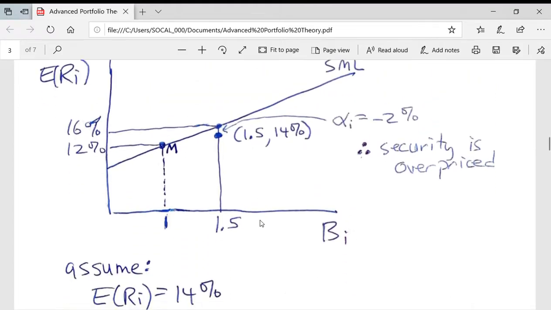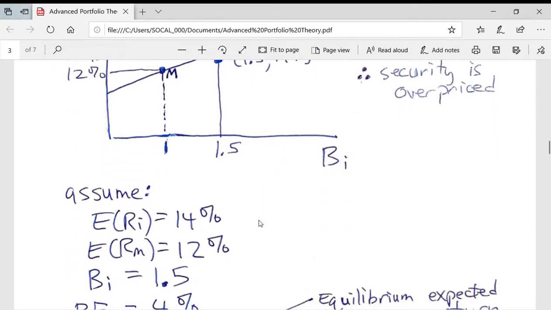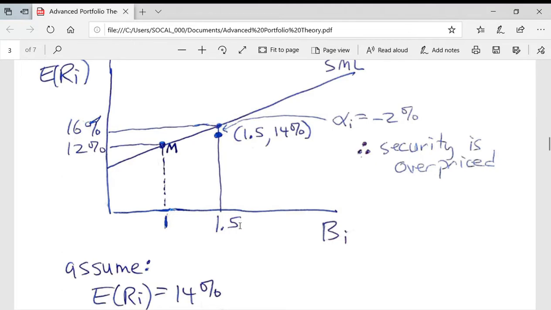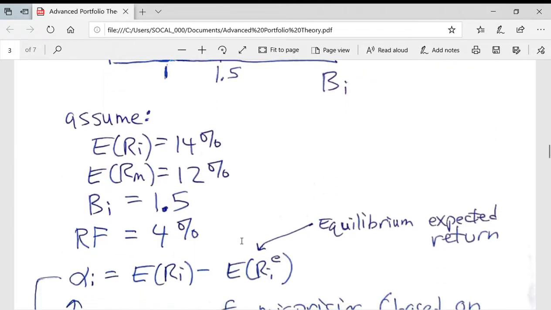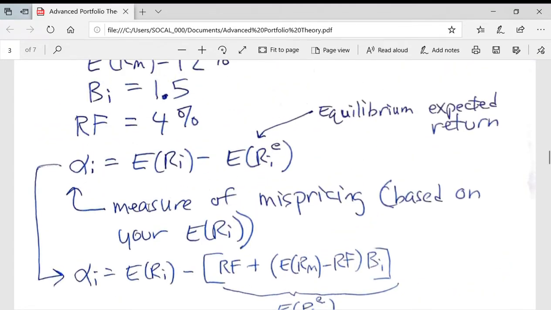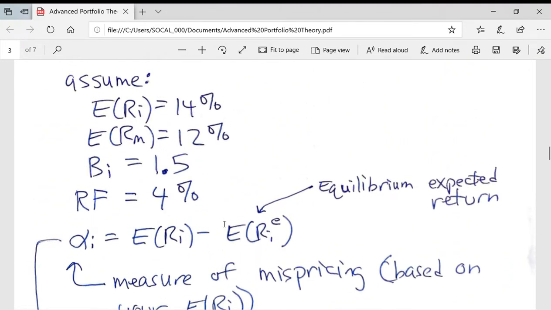So here we go in our analysis. There is a beta of 1.5, and if you do the algebra right here, I'm showing you this term alpha. So let me just back up a second.